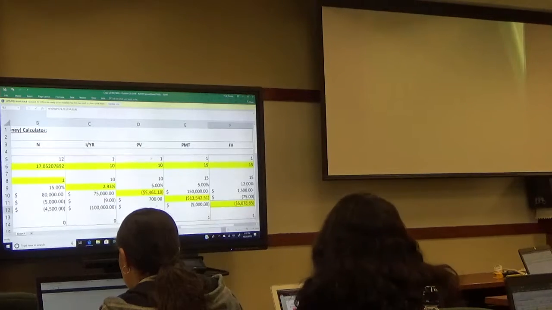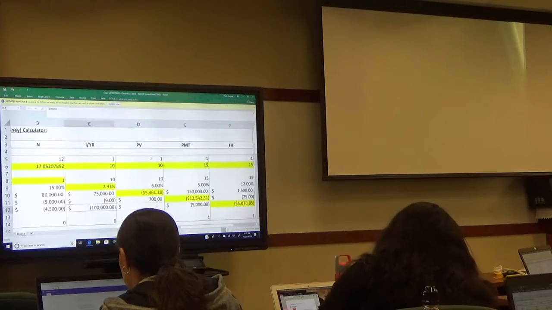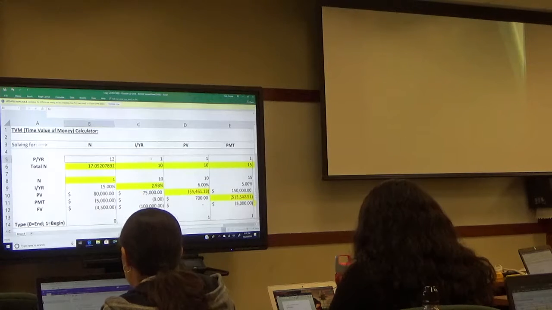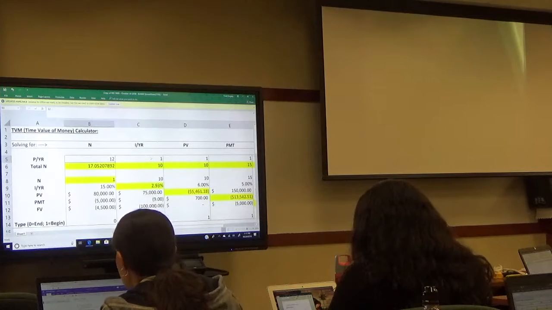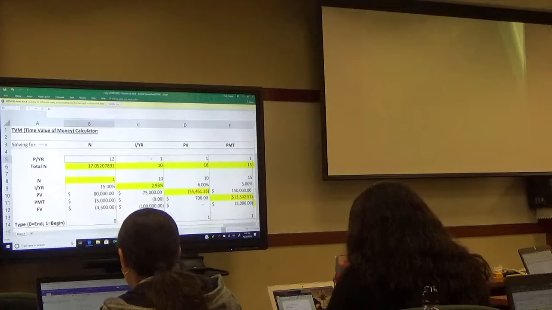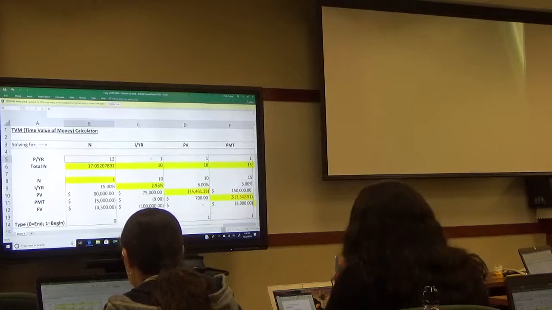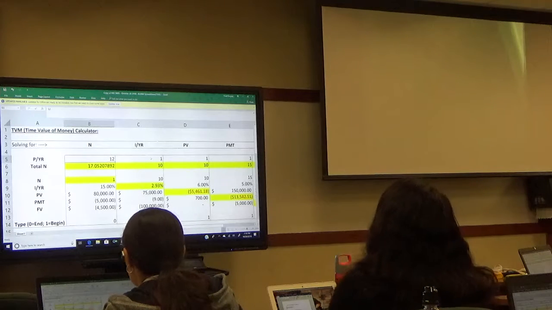There's no rhyme or reason to any of these numbers, just to see if everything is matching up. All you're doing is replacing the numbers in black and white with the numbers I've got up here to see if your numbers in yellow correspond. If everything corresponds, then I think you're pretty much good to go in terms of your formulas being set up correctly.